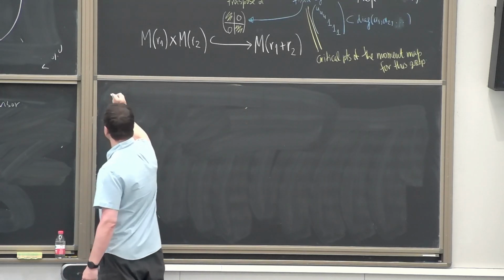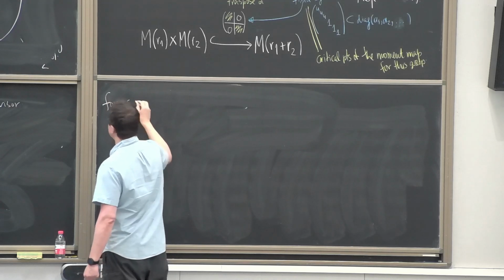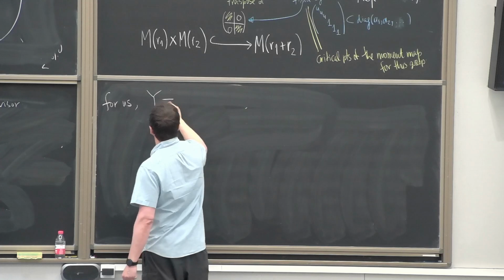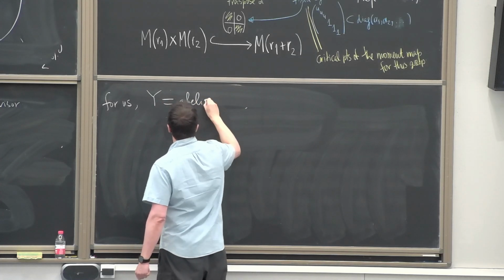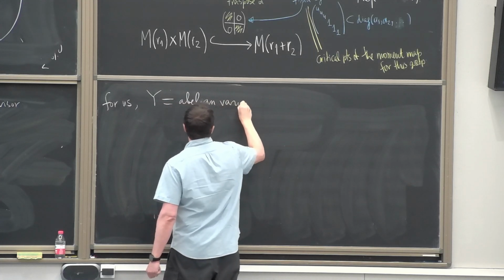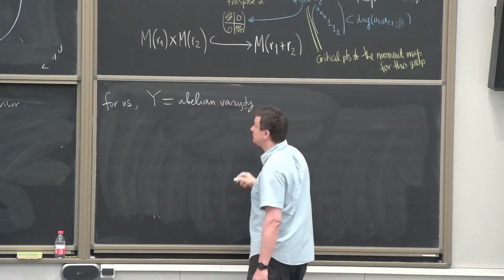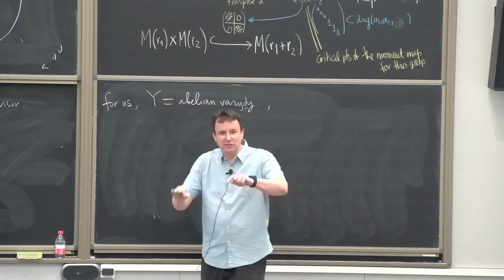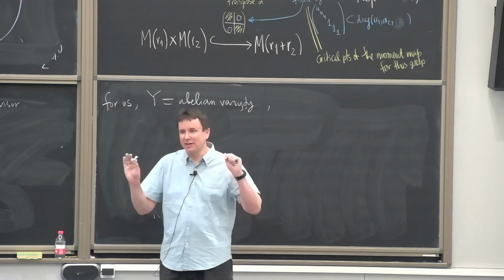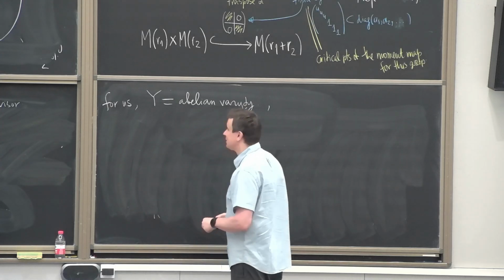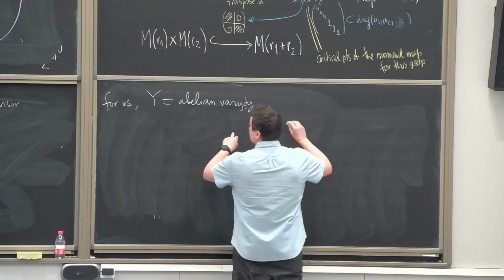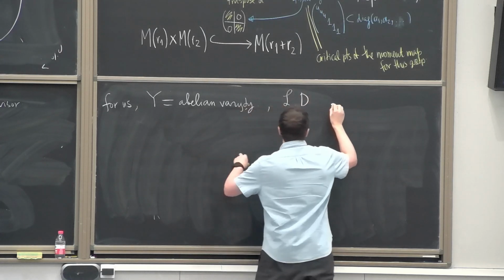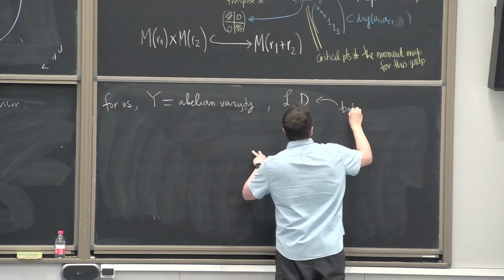So for us, Y is an abelian variety, a product of elliptic curves, but what I'm going to say is true for any abelian variety. So L and Z are line bundles, some kind of theta bundles, both some kind of thetas.